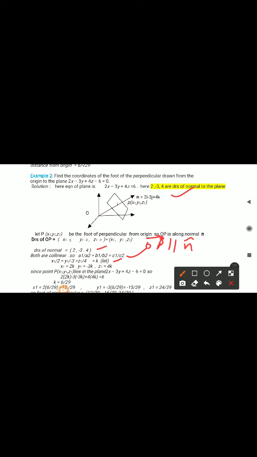Now x1 is 2k, y1 is minus 3k, and z1 is 4k. The point P(x1, y1, z1) lies on the plane, so it will satisfy the equation of the plane. We replace x, y and z by x1, y1, z1, and obtain k equals 6 by 29.